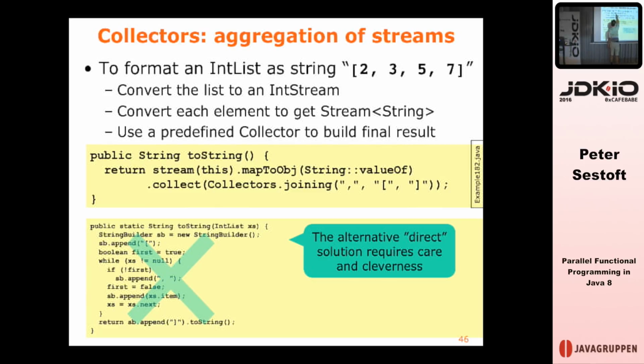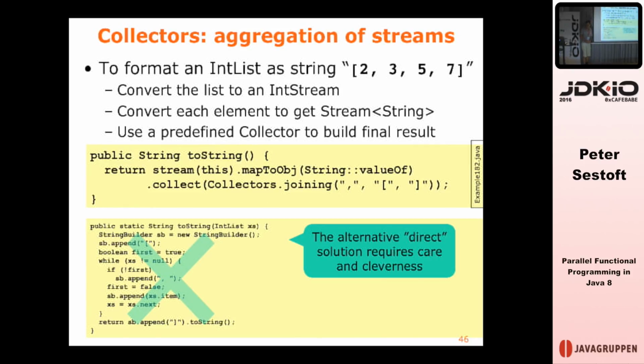In particular, turning one of our int lists into something like the string left bracket 2 comma space 3 comma blah blah, and not having a comma at the end and so on. I've written this sort of code 1,000 times, I think, over the last 35 years, where you try to convert something into a string.